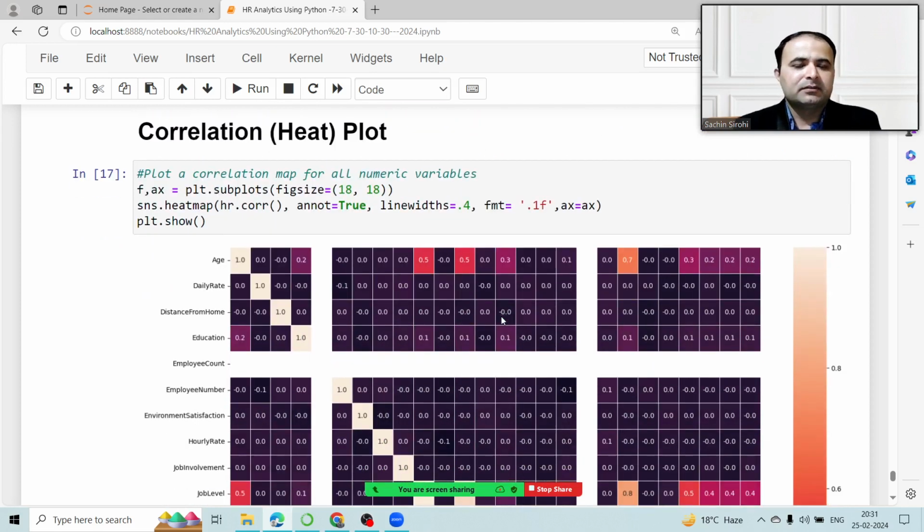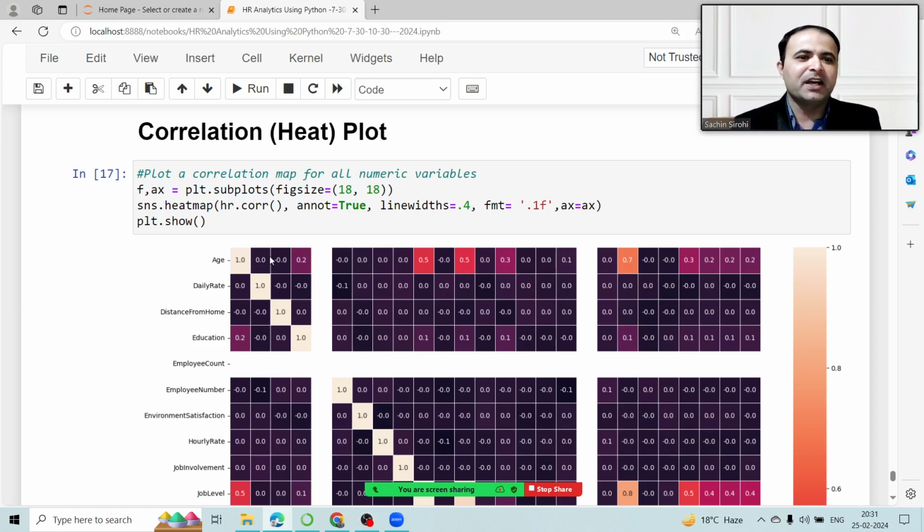Now correlation, we can also use with the heat plot, like the sns heatmap, hr.corr, annot=True, linewidth=4. When the data becomes large, the basic charts like line chart, pie chart, histograms are not able to visualize the data.